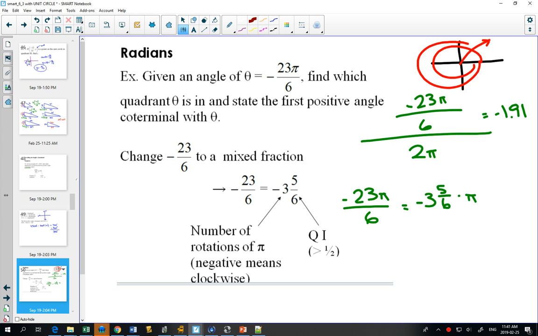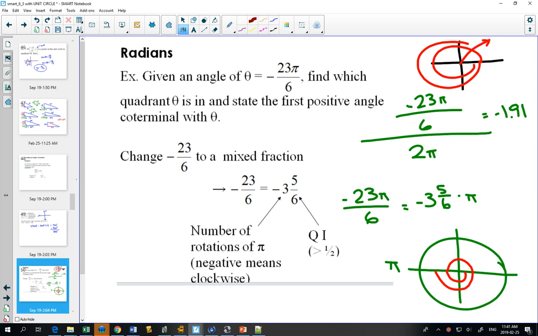And when thinking in terms of pi, we have to remember that pi is only halfway around the circle. So if you go negative 3 pi, this would be negative 1 pi, this would be negative 2 pi, this would be negative 3 pi.